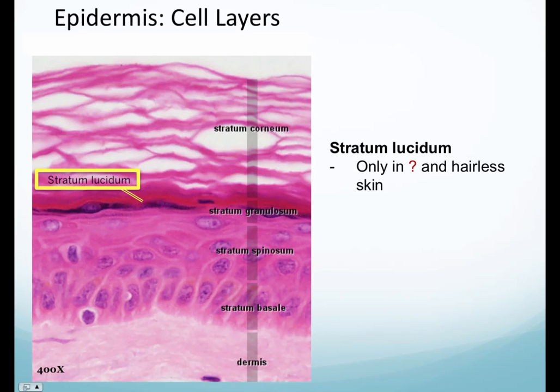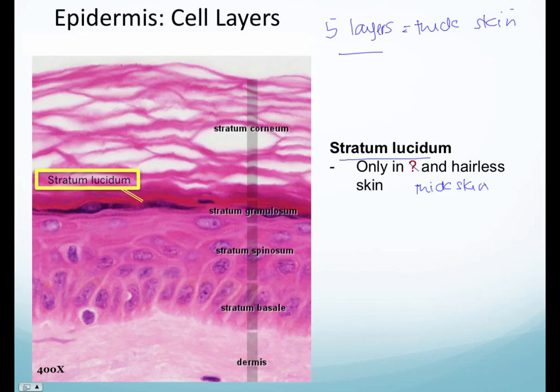Now, what differs thin skin from thick skin? In thick skin, remember, we have 5 layers. That 5th layer is the stratum lucidum, and it's only in thick skin.